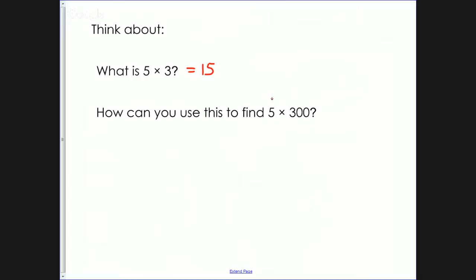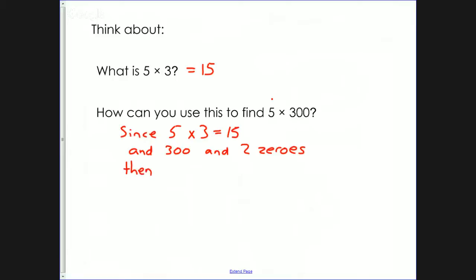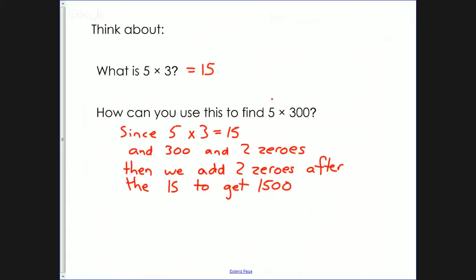Well, since we know that 5 times 3 equals 15, and 300 has 2 zeros, and zeros is spelled Z-E-R-O-E-S, then we add 2 zeros after the 15 to get 1,500.